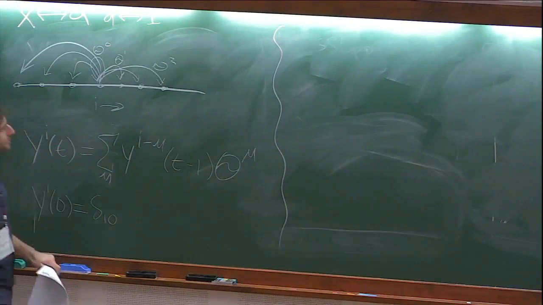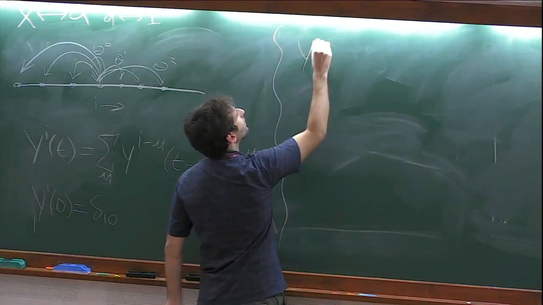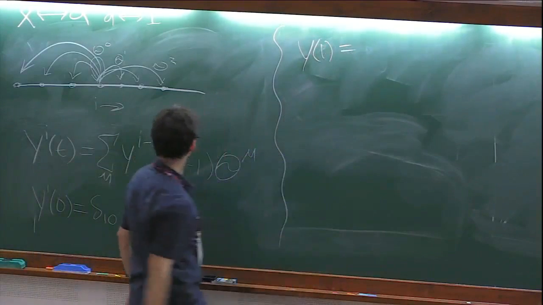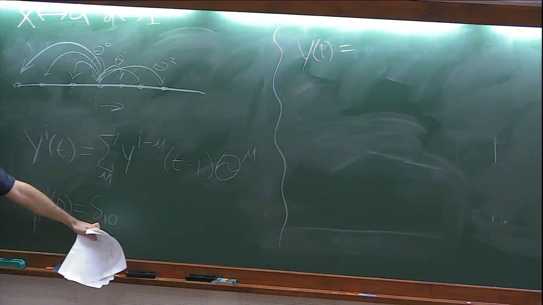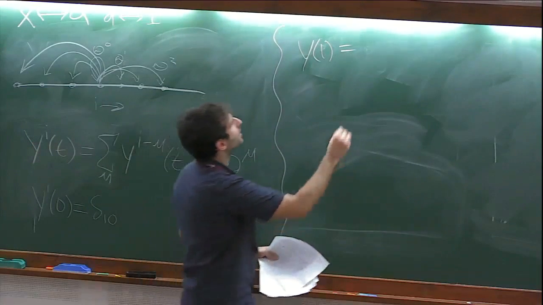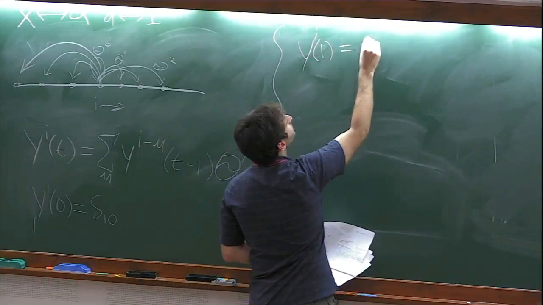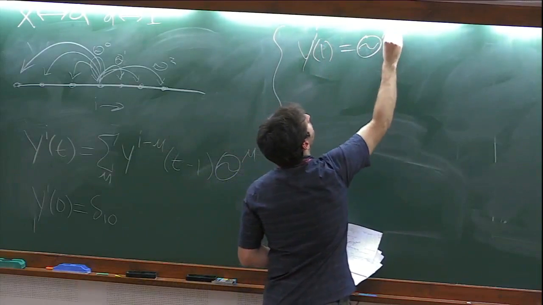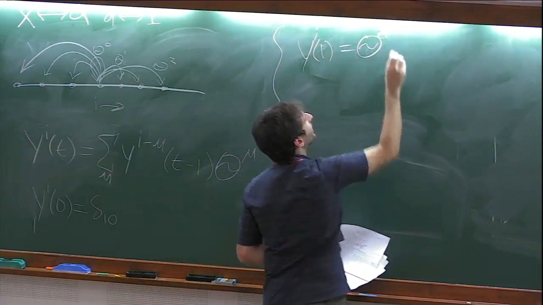After one time step, well, delta_{i0} times theta_mu is just going to be theta_i, right?